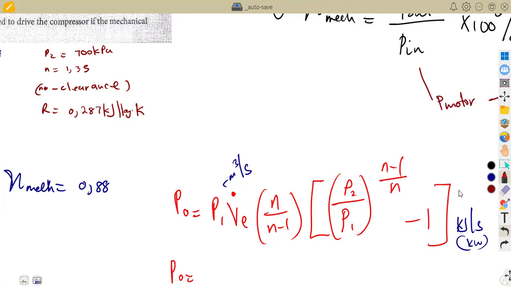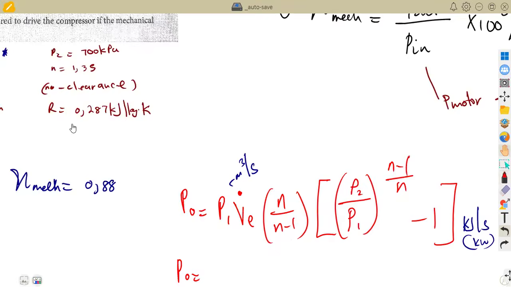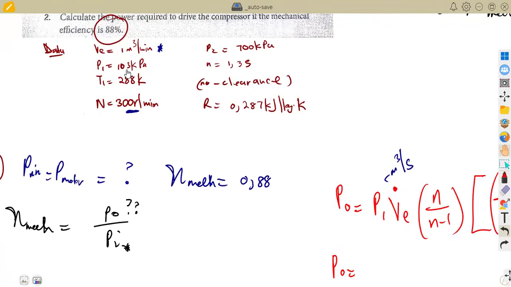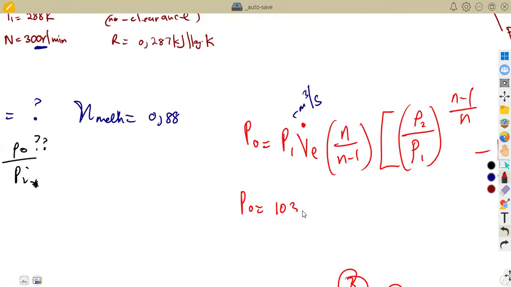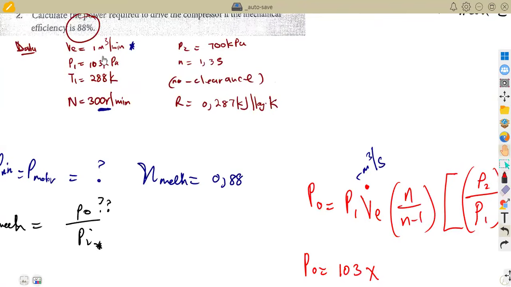So for P out, the inlet pressure we have it. At the inlet, the pressure was 103. So this is 103 times VE. Remember VE, we have it. That is the one that we are given: 1 cubic meter per minute. This is needed per second. So I said per minute, we divide by 60 seconds, so it will be 1 over 60.